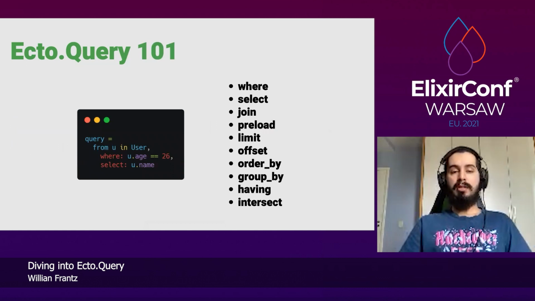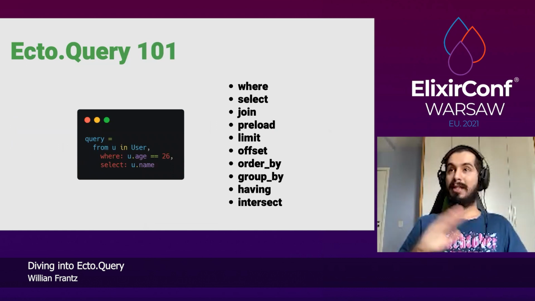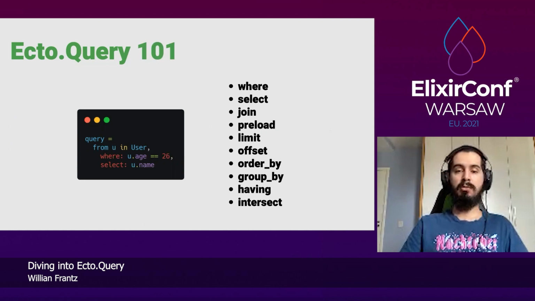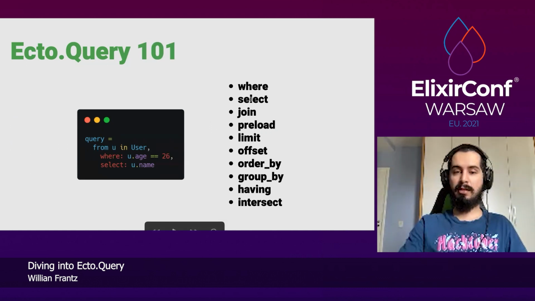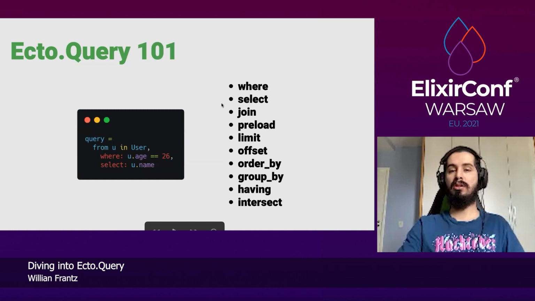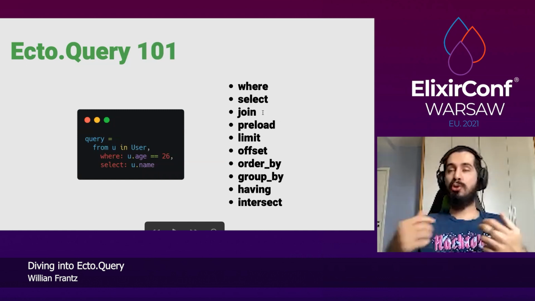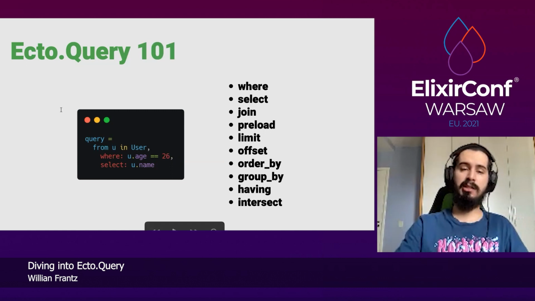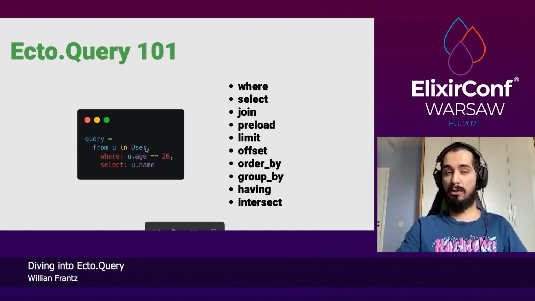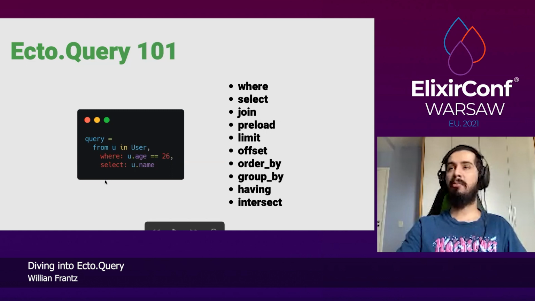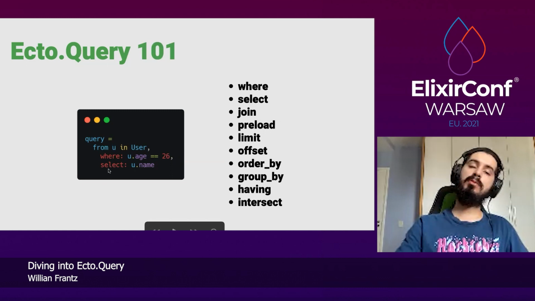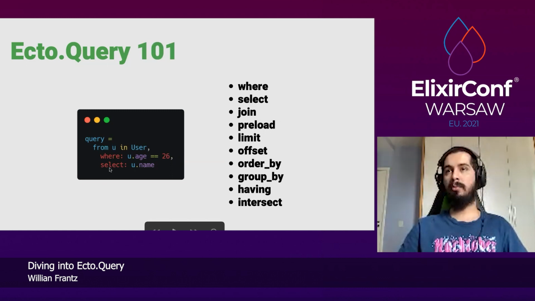And about the statements that we have inside the functionality. So I have already shown where and select, but we could also use the joins. So we could join tables like we are selecting from users, but since users has many posts, for example, we could apply a join with posts to get all the posts from a user.